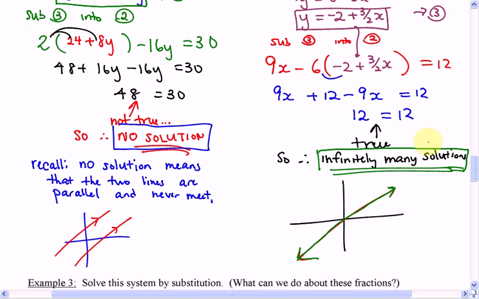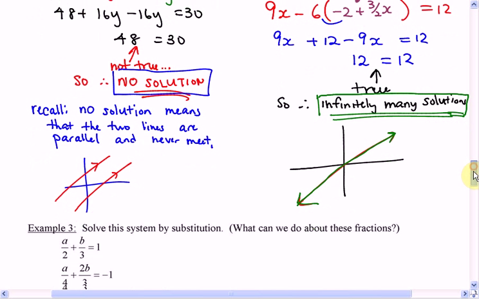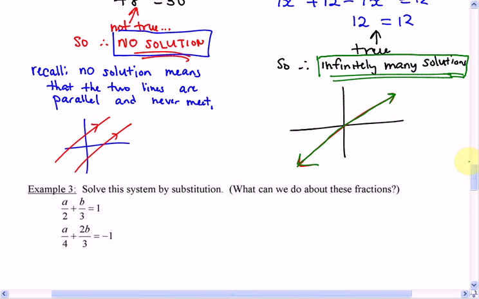Okay? Right, this last example here on this page is another system that you need to solve, but it has fractions. And in order to help you get rid of these fractions, what you can do is the following. You can rewrite these equations without fractions. Okay? So we can do that without actually changing the solution. So I'll put a little note here. Okay?